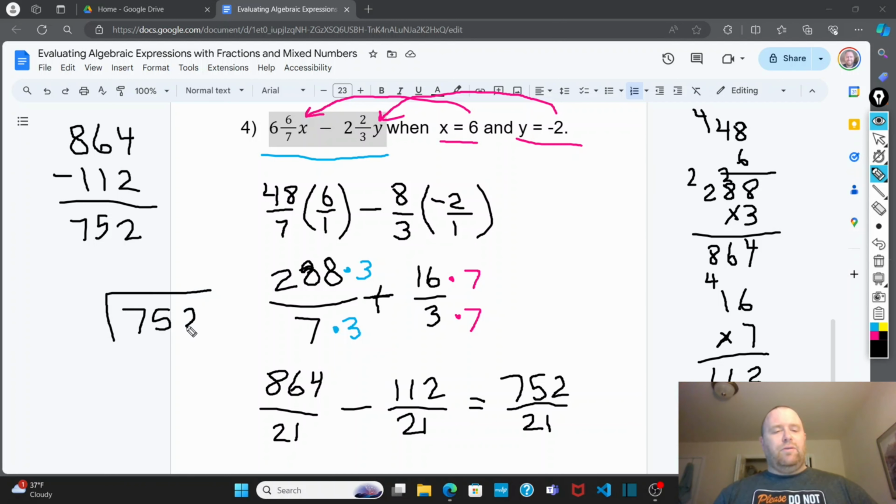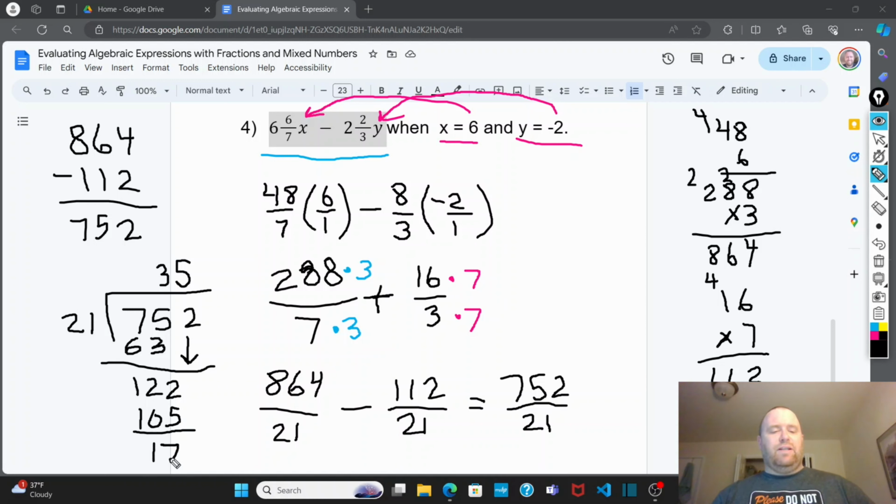So 752 divided by 21. How many times does 21 go into 75? Goes in 3 times. 3 times 21 is 63. 75 minus 63 is 12. Bring down the 2. 21 goes into 122 5 times, so 5 times 21 is 105. And so we have a remainder of 17.